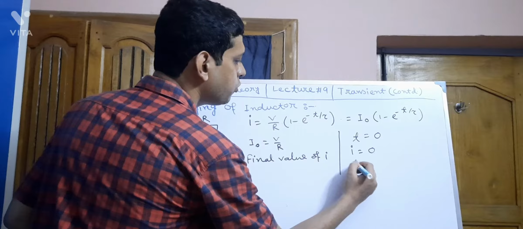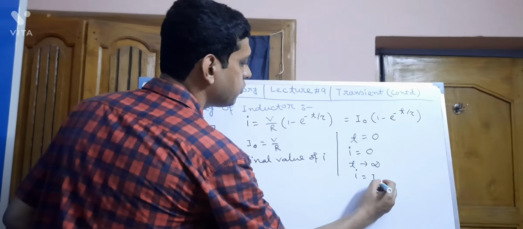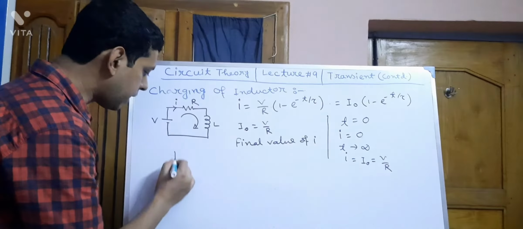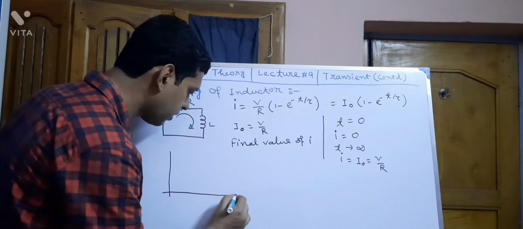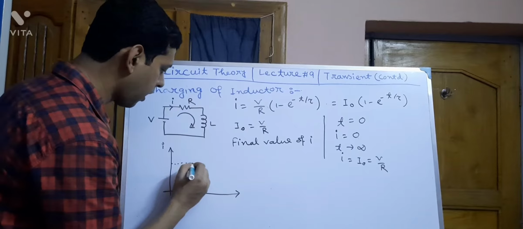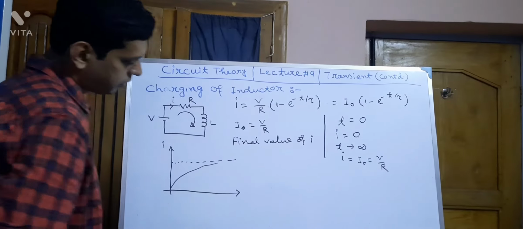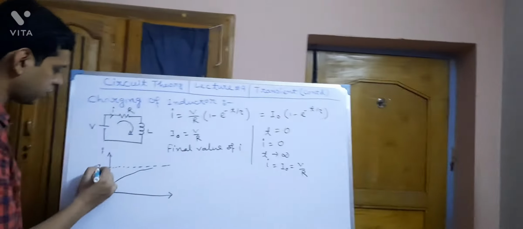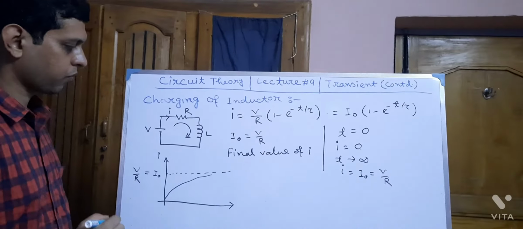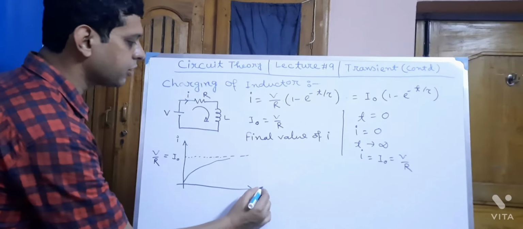But if we put t tends to infinity, then i equal to I0 equal to v by r. So the curve of i will be like this one. This is an exponentially increasing function, and the final value of i is v by r. Okay, this is the nature of i while charging the inductor.